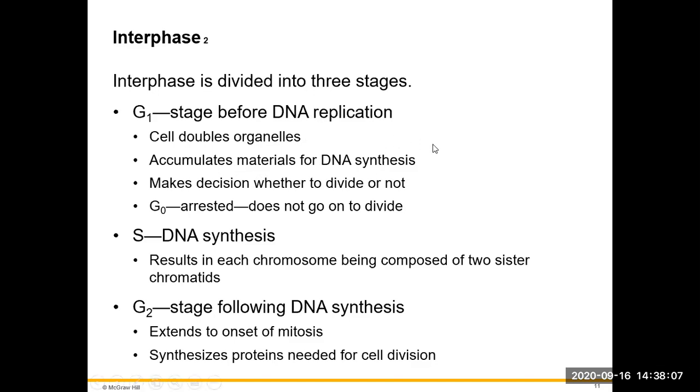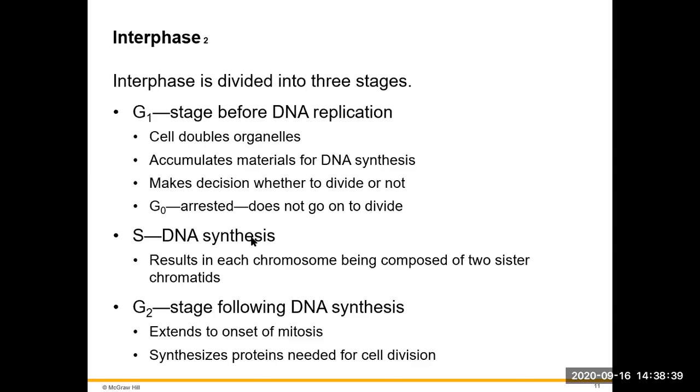It accumulates materials for DNA synthesis, and then it makes a decision whether to divide or not. If the cell decides not to divide, it will go to the G0 phase, which is the arrested phase, and it doesn't go on to division. But this does not mean the cell is going to go to apoptosis or programmed cell death. Rather, it means the cell is going to perform its normal function without any cell division.